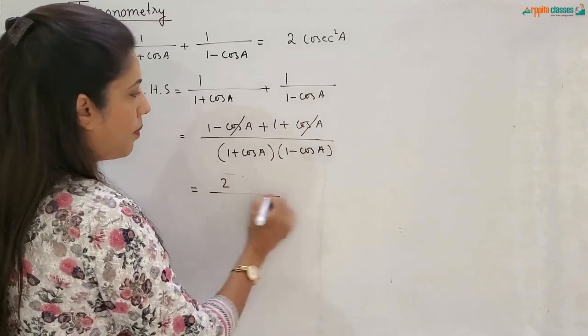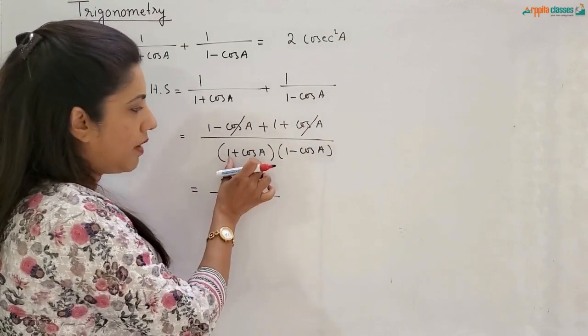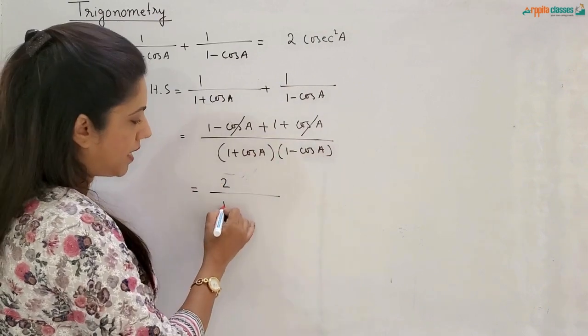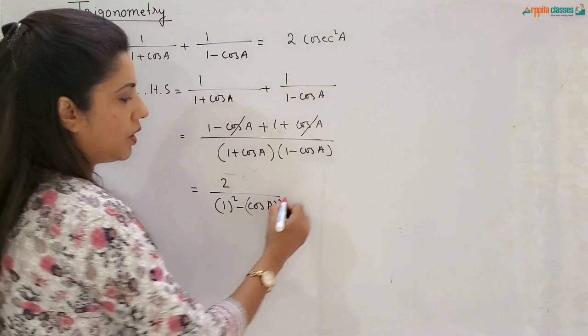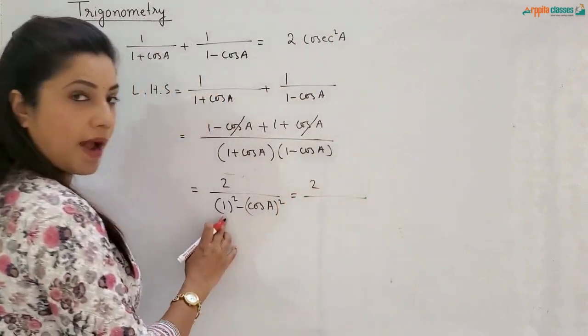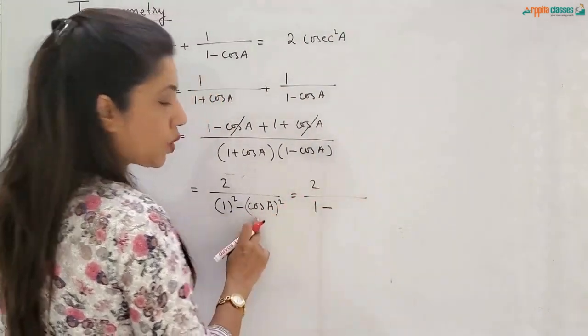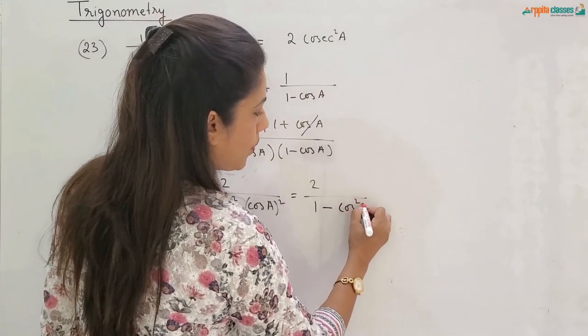We have 2 upon, in the denominator I have A plus B into A minus B. That's my A square minus B square. So here it will be 1 square, that is 1, minus cos A square, that is cos square A.